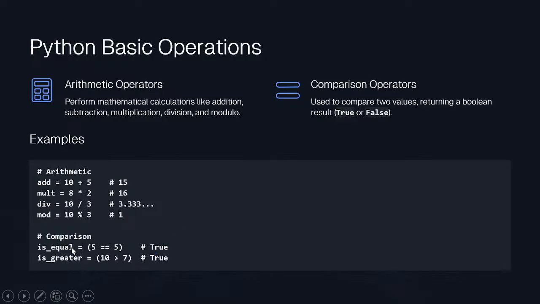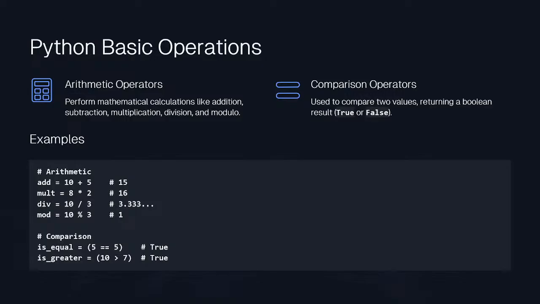And comparison operators are basically true or false. Suppose we say that 5 equals 5. Is it true? If it's true, then true. Let's say 10 is greater than 7. It's true. If we had 10 smaller than 7, it would have been false. It just specifies if a statement is true or false.